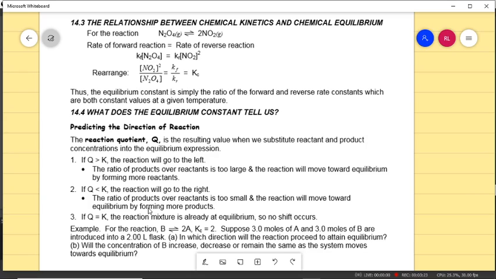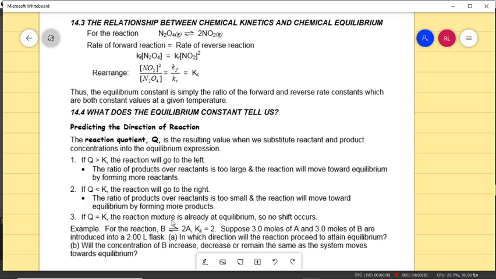That means the ratio of products over reactants is too small, and the reaction will move toward equilibrium by forming more products. Now, if the two quantities are equal, if Q is equal to K, then the mixture is already at equilibrium, so no shift occurs.